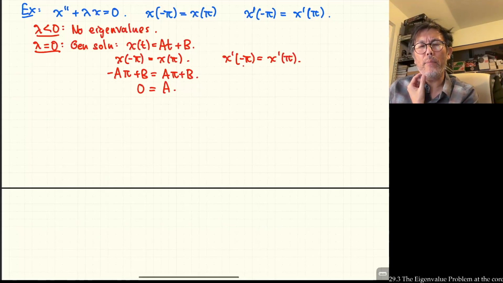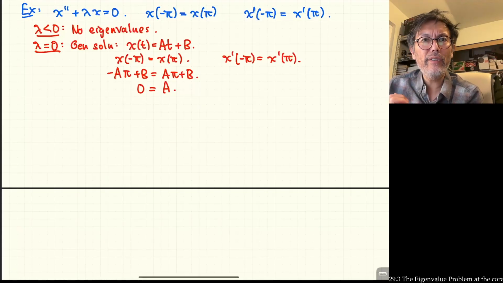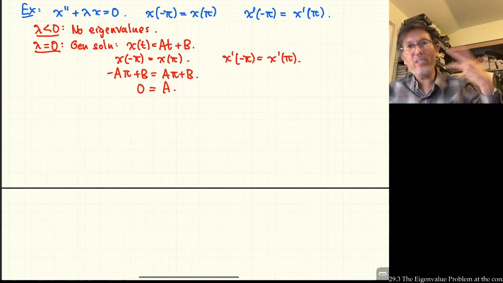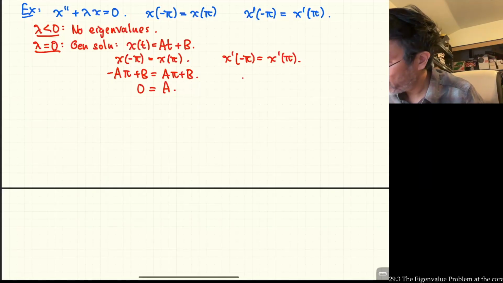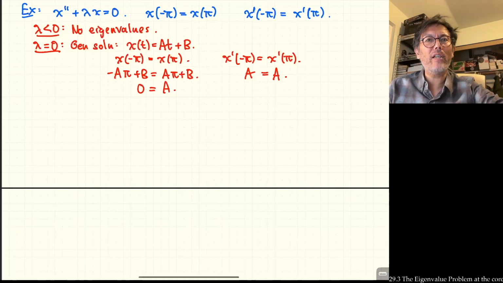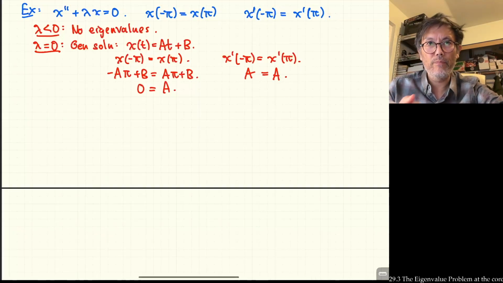So what does that imply? Well, x prime of t, notice, is just a. So this is automatically satisfied by the equation x of t equals at plus b. All right, it's automatically satisfied.